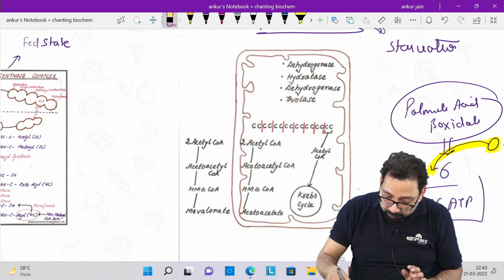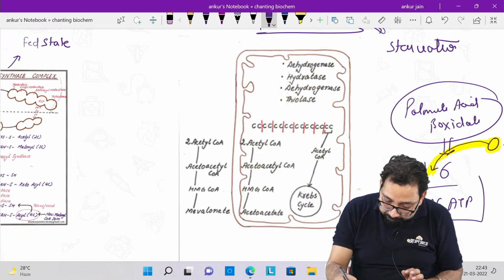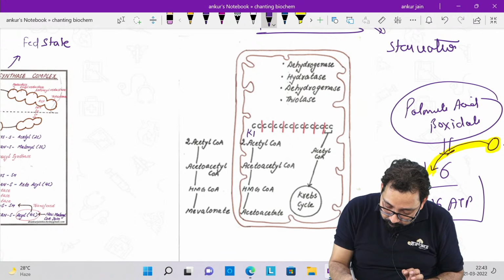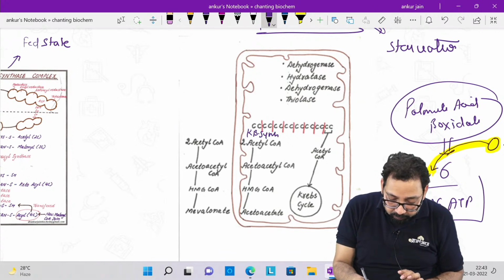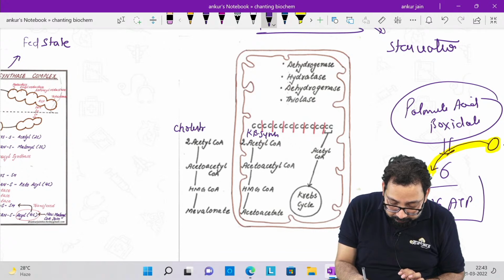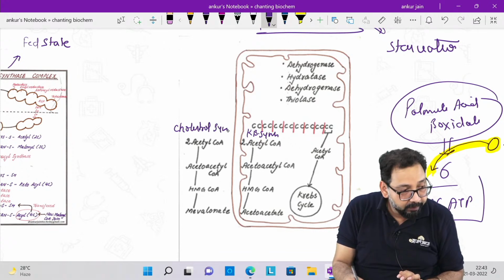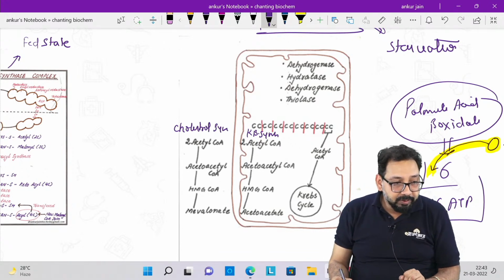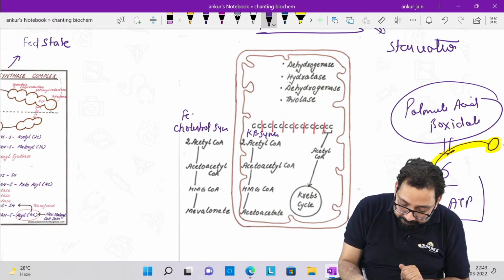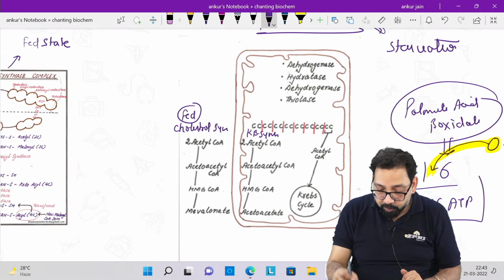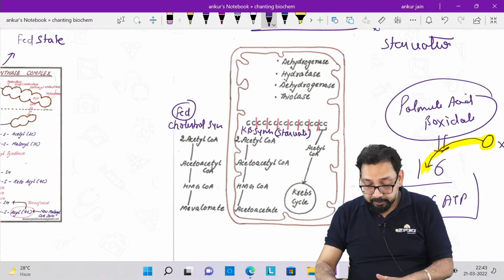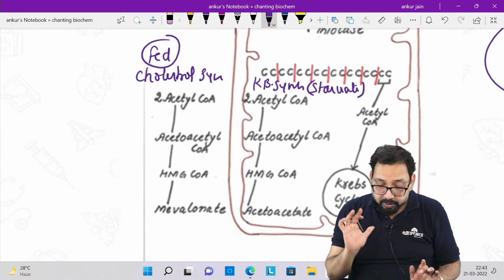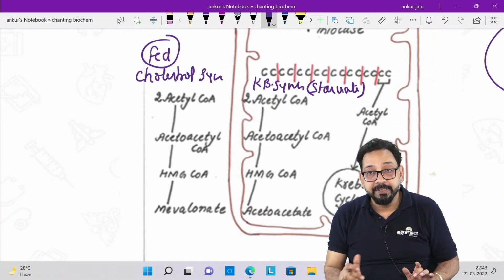Now if I ask you, I write here, this is ketone body synthesis, this is cholesterol synthesis. So cholesterol synthesis occur in fed state, ketone body synthesis occur in starvation.